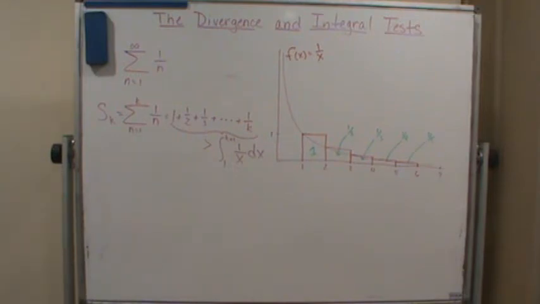So now what we're going to do is look at this setup. This technique is important because it's used to prove divergence or convergence of many series. Now the integral test, what we do is we compare an infinite sum to an improper integral.